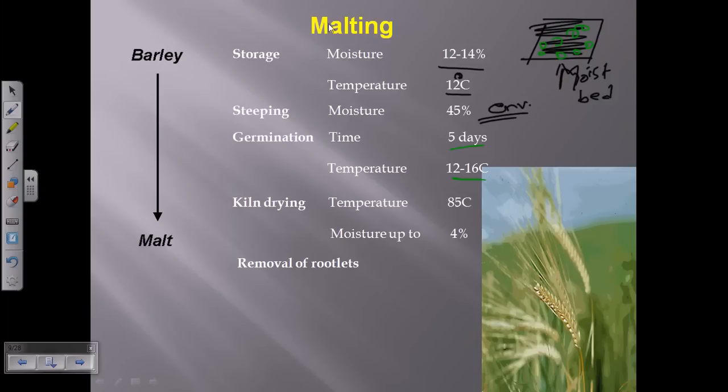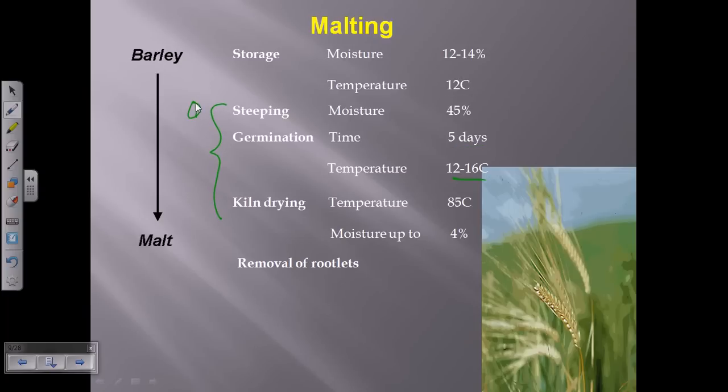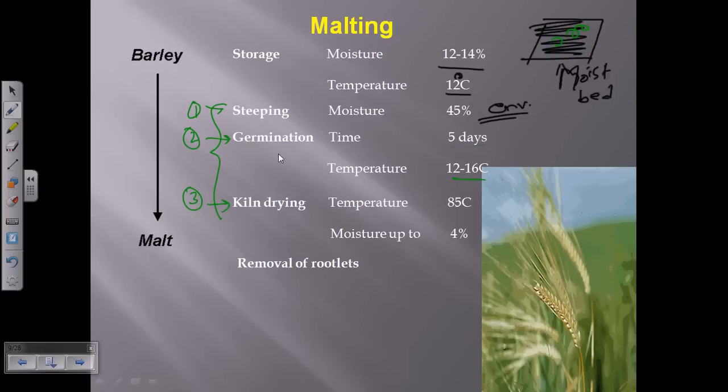So the whole process of malting is divided into 3 different stages: the first stage is steeping, the second stage is germination, and the third stage is kiln drying. In the first stage, steeping, we need to provide higher moisture content for the barley to leave its dormant stage and move towards the germination stage.